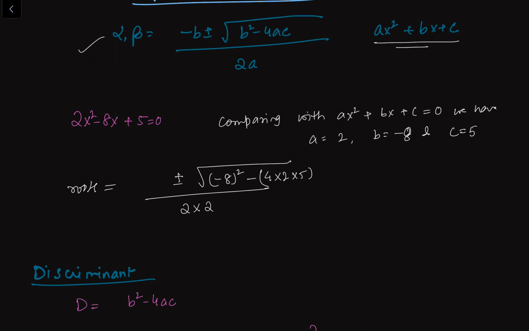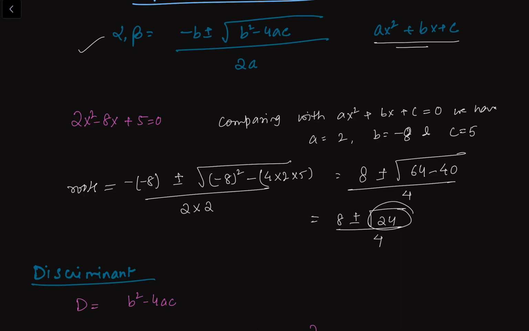This will be minus of b, which is minus of minus 8. So this is 8 plus minus square root of 64 minus 40 by 4. So this is 8 plus minus square root of 24 by 4.